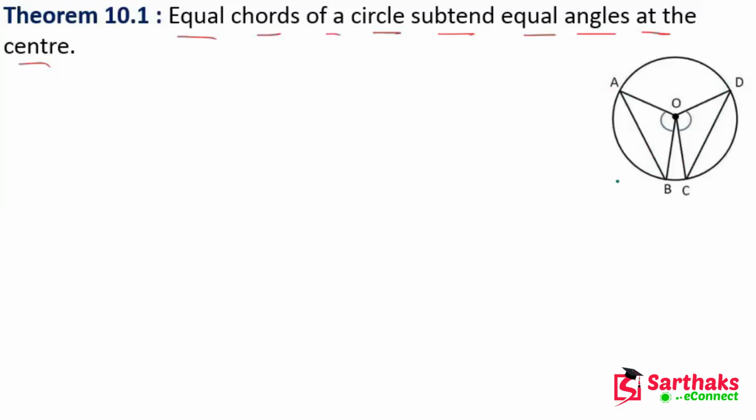If these chords are equal, let's suppose AB is equal to DC, then with the help of these chords, the angle formed at the center, this angle, is also equal. We have to prove this condition.